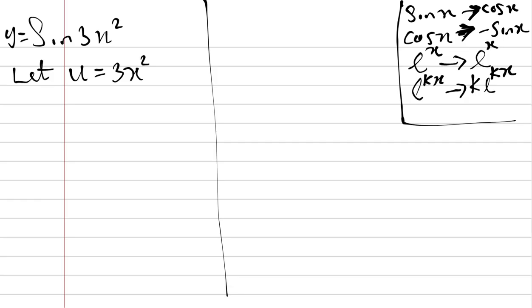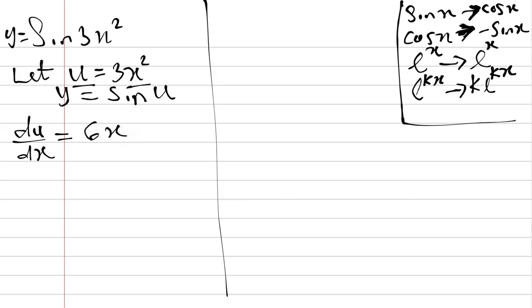So if u is equal to 3x squared, that means your y is now equal to sine u. Now du dx, differentiating u with respect to x, will give us 3 times 2, 6x.